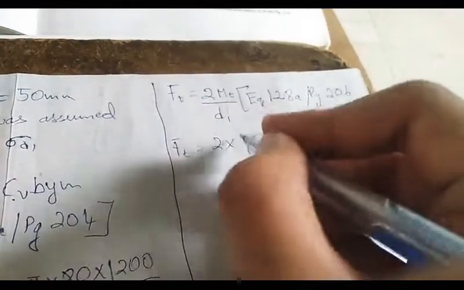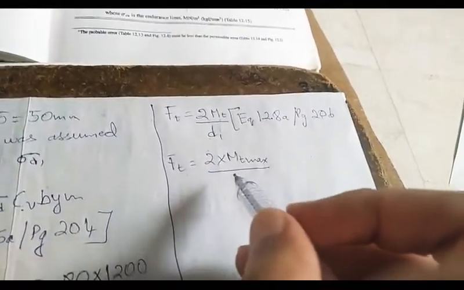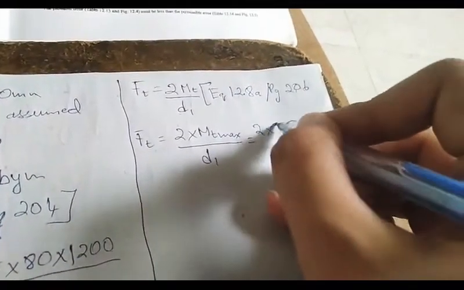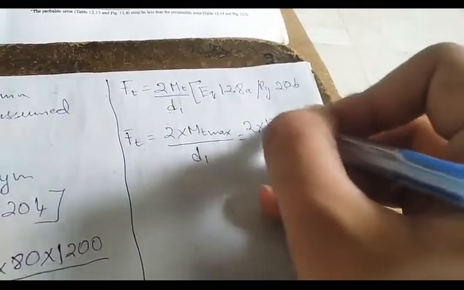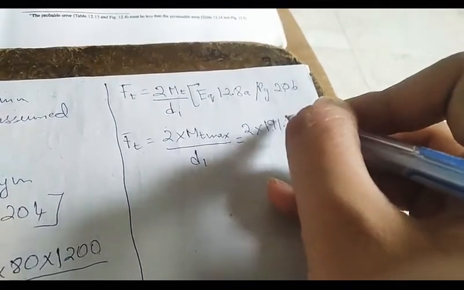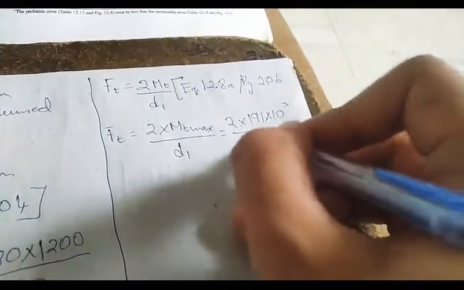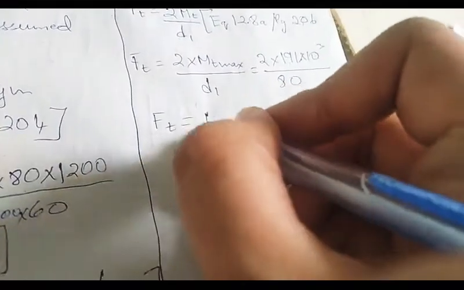We shall take this mt as mt max, because in the question they have already given that the maximum torque developed is 20% more than the nominal torque. So we shall take the maximum torque itself. 2 into the maximum torque, 191 into 10 power 3, divided by d1, which is 80 mm. So the value of tangential force I'll get as 4775 newtons.